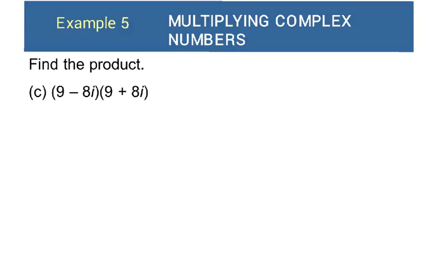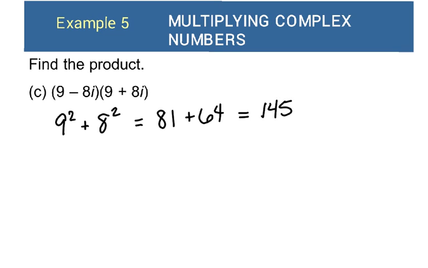So 9 squared plus our 8 squared, which gives us 81 plus 64. And we end up with our final solution being 145. That's our answer.